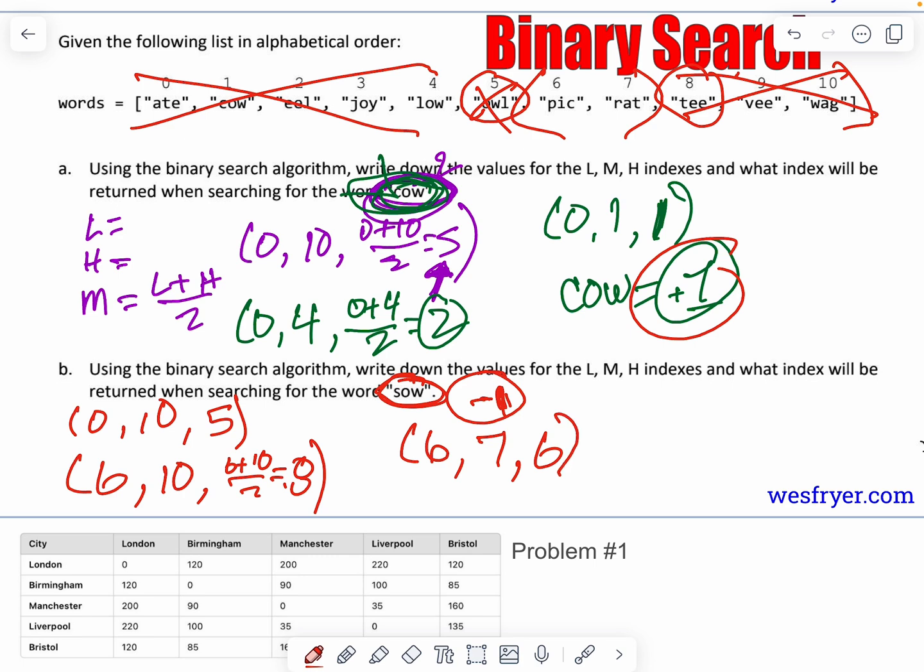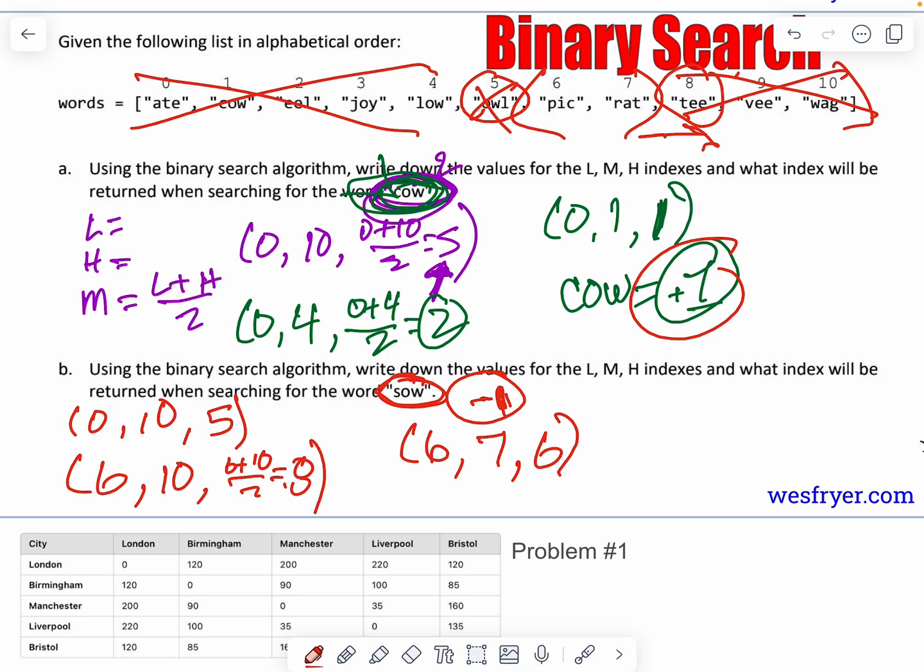And so we go ahead and compare, and in this case, we find that the comparison of the S of sow to the P of pick means that it's going to be to the right, but I don't have any more that I can find to the right. Is that right?